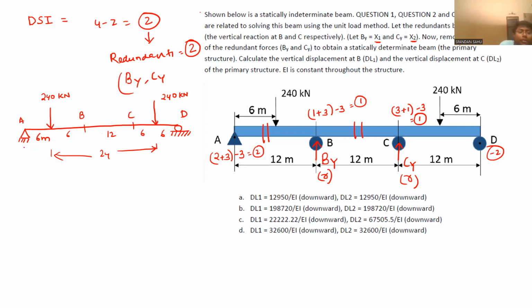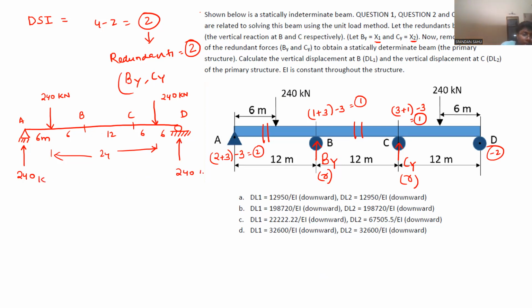Now, can you tell what will be the reaction here? 240, 240. Because the loading and the structure are symmetric, so you can directly write it.